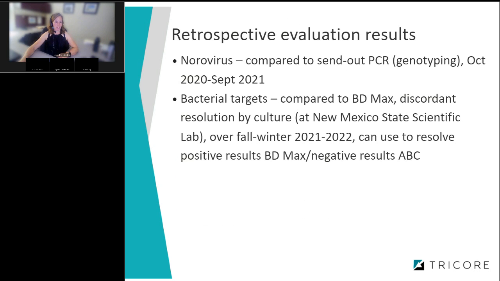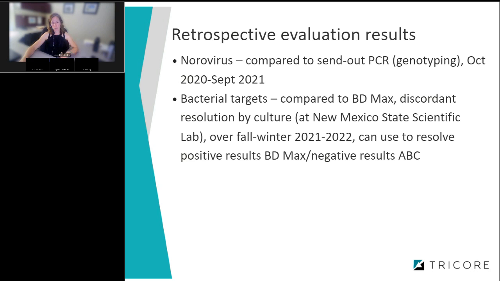So we also did a retrospective evaluation looking at norovirus and comparing it to our send-out PCR, which is performed for genotyping, over October 2020 to September 2021. And I'll also show some results from a retrospective analysis that we did this last fall and winter looking at bacterial targets.